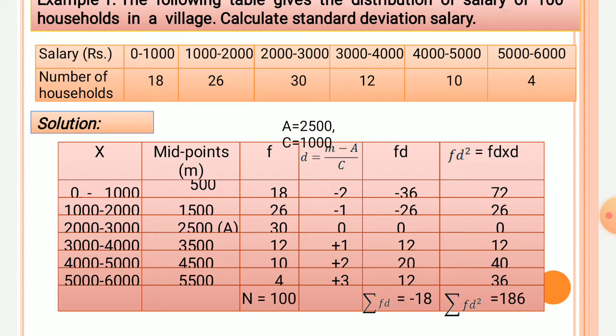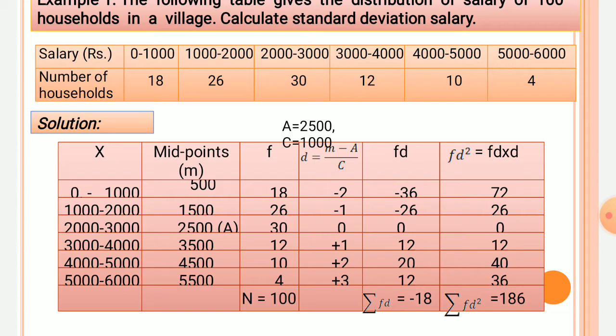Now, f into d, fd: 18 into minus 2 is minus 36, 26 into minus 1 is minus 26, 30 into 0 is 0, 12 into plus 1 is 12, 10 into 2 is 20, 4 into 3 is 12.